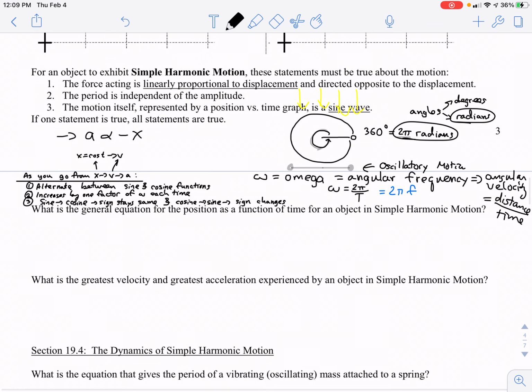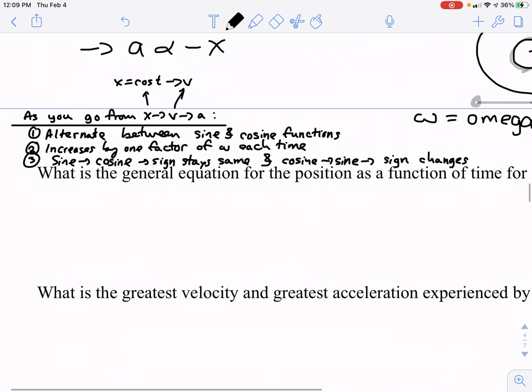What is the general equation for the position versus time graph? Well, for a position versus time graph, we can write it as follows. X equals A times the cosine of omega t.